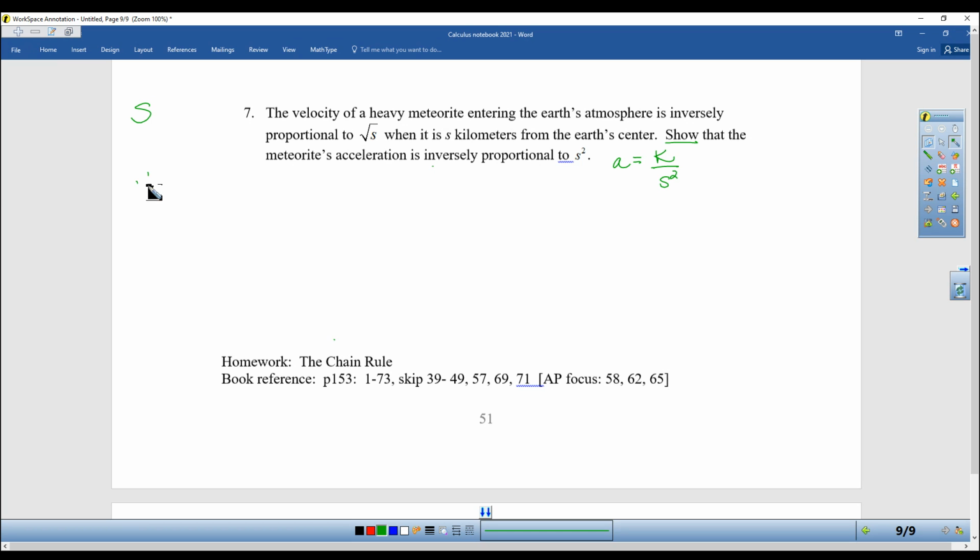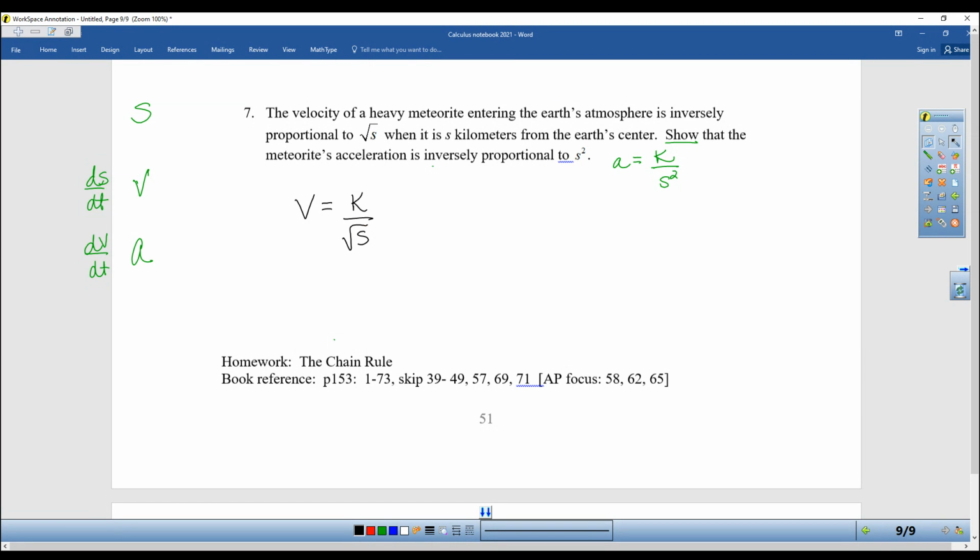So remember, SVA. As soon as you see velocity, just write SVA off to the side. But velocity is the derivative of s with respect to t. And acceleration is the derivative of velocity with respect to t. So my original problem says the velocity of a heavy meteorite entering the Earth's atmosphere is inversely proportional to the square root of s.